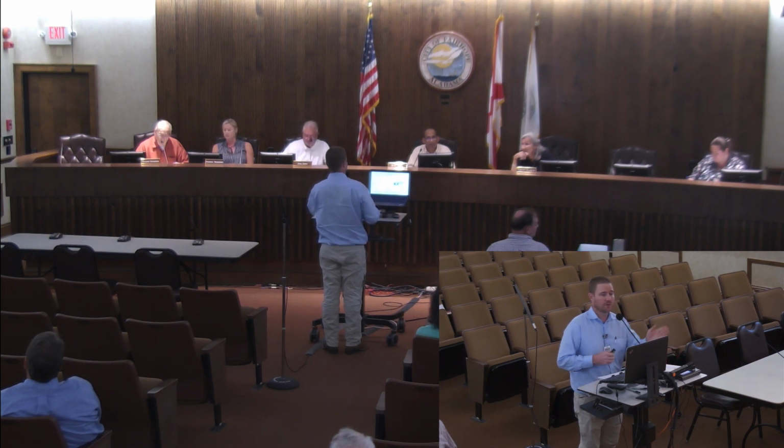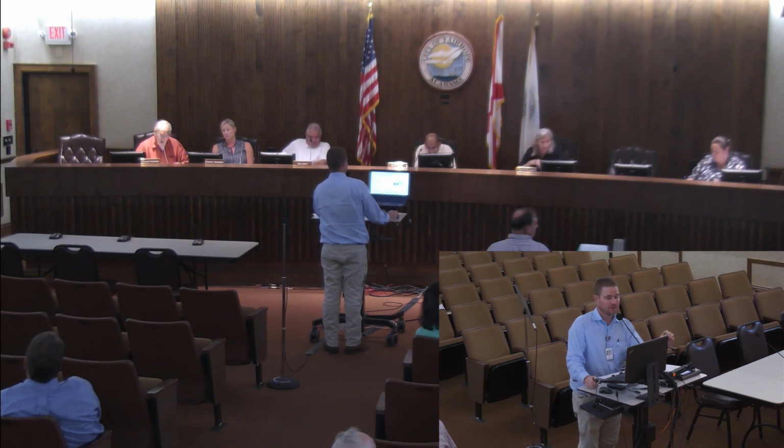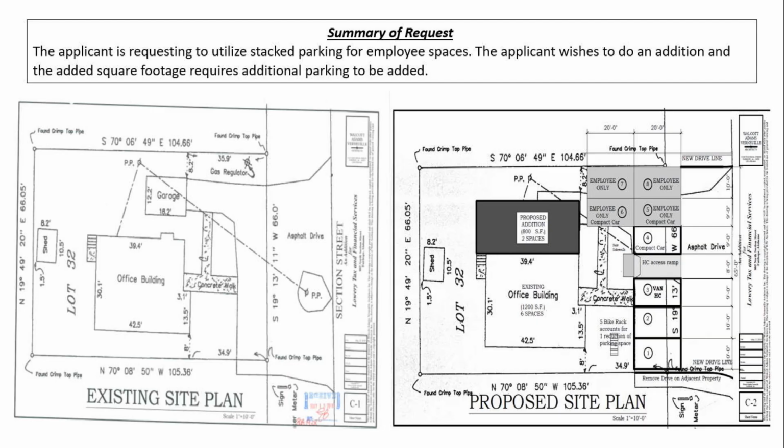If you look on the proposed site plan, parking space number 7 and parking space number 8 are stacked. In order for parking space number 7 to exit to go to lunch or to go home, space number 8 would need to be vacated.